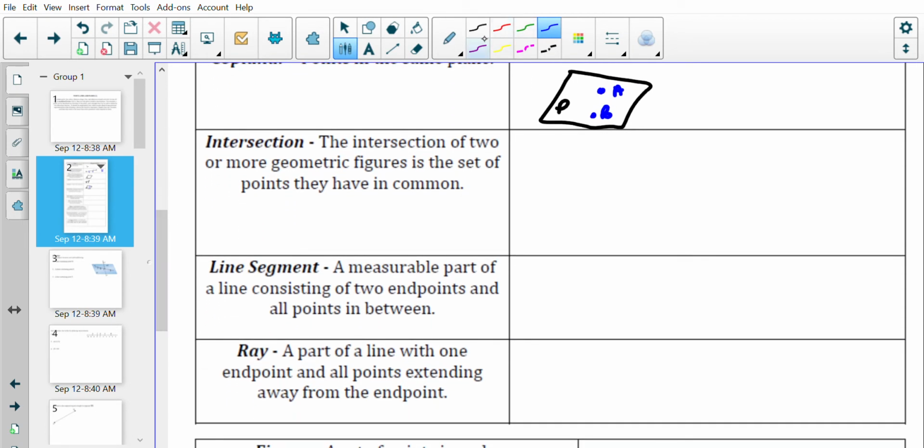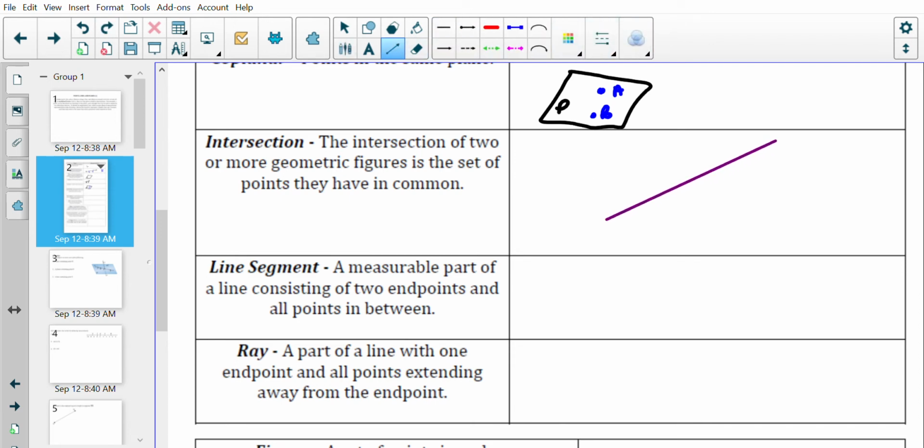Intersection. We're used to intersections on the road. Roads cross each other. So an intersection is where 2 or more geometric figures intersect. So let's say we have 2 different lines.